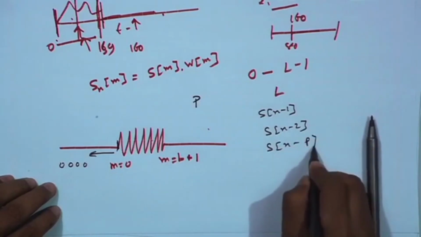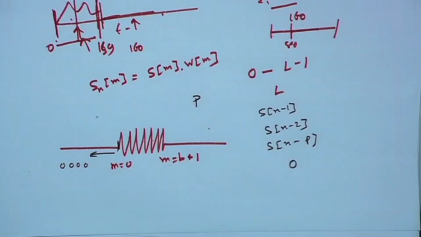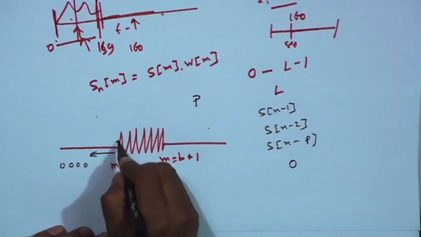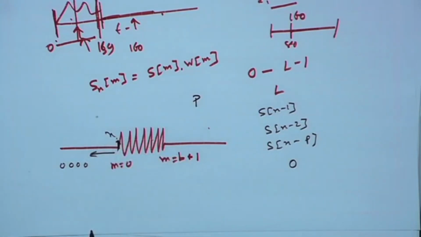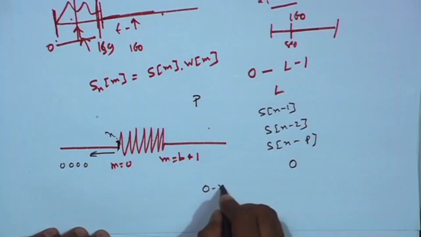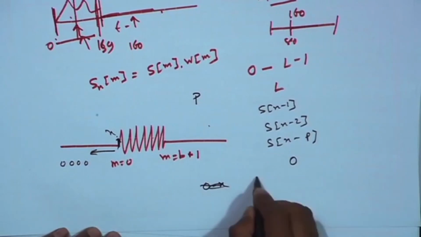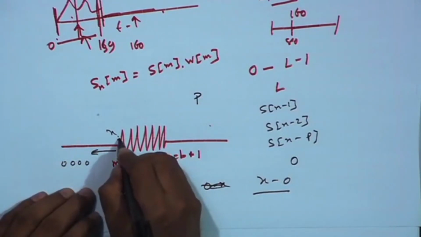What is the linear combination of those zeros? I always get 0, but the first sample value is not 0. Let the first non-zero sample value be x. So, what is the total error? x minus 0; nothing I can predict.